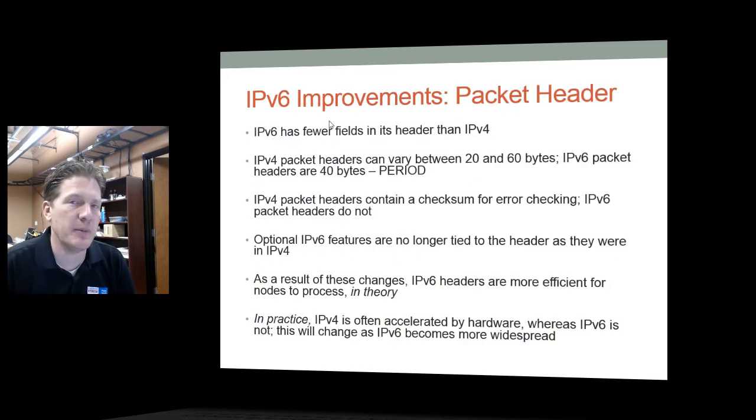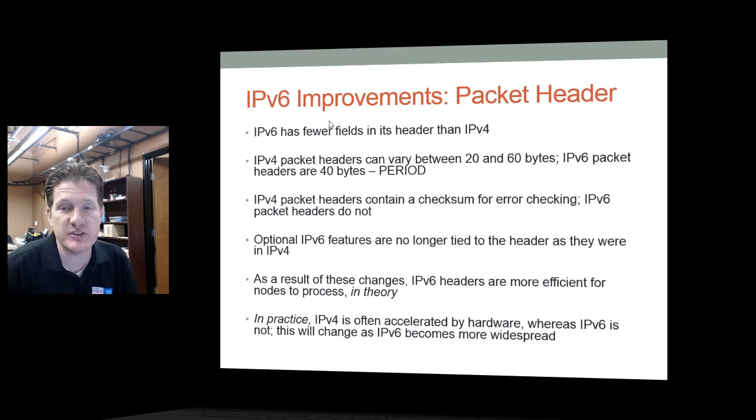The packet header in IP version 6 has also had significant improvement. For example, IP version 6 has fewer fields. IP version 6 obviously adds a 128-bit address, which is greater than the 32-bit address that was consumed by IP version 4.